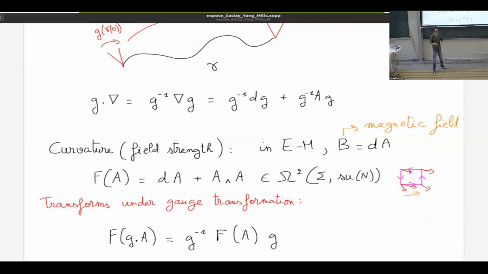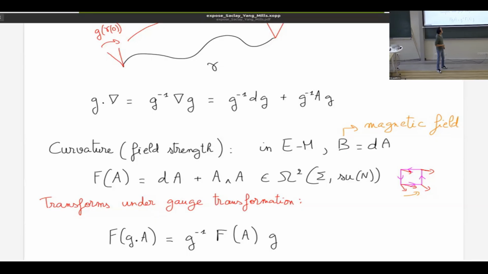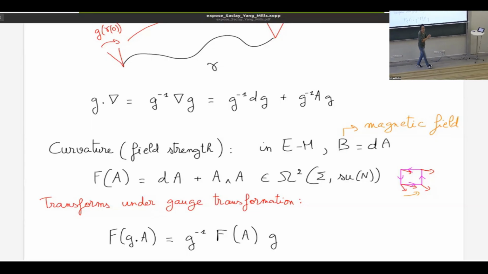First, the formula for the curvature, I give it here. If you're not familiar with this kind of formula, let me explain intuitively what it means. The curvature is a two-form on your surface valued in the Lie algebra. The meaning of the curvature is infinitesimal holonomy when your path is a very small square.